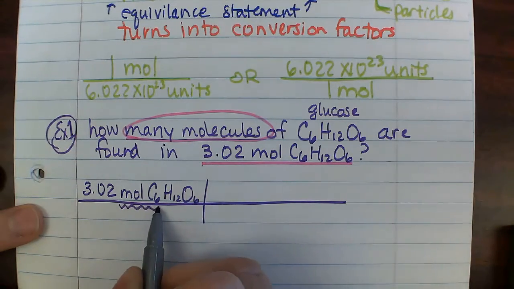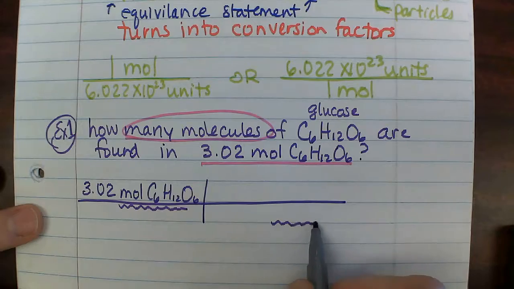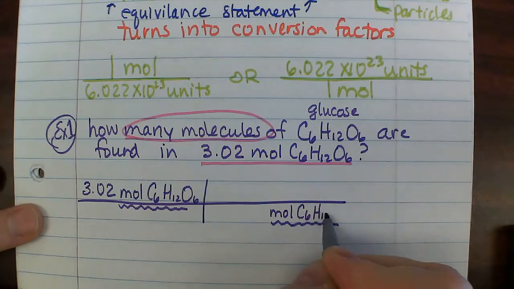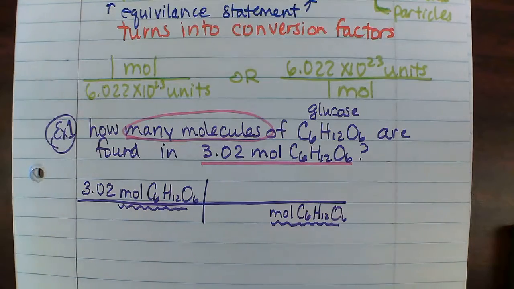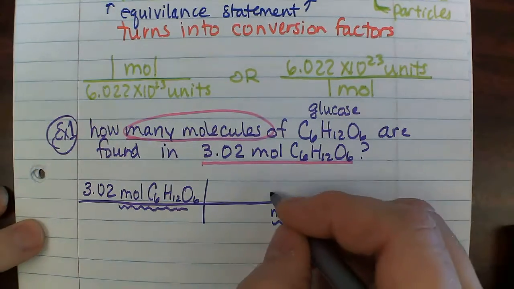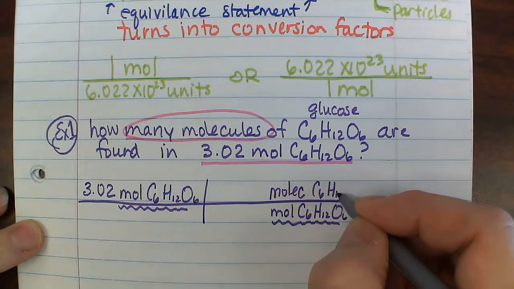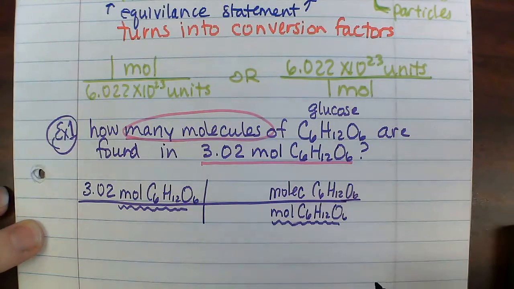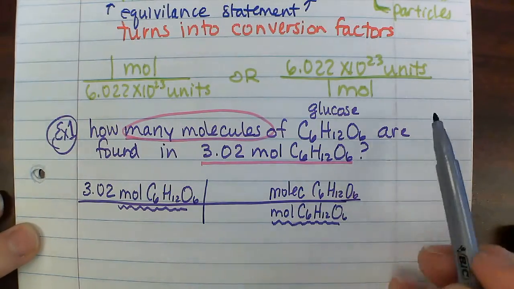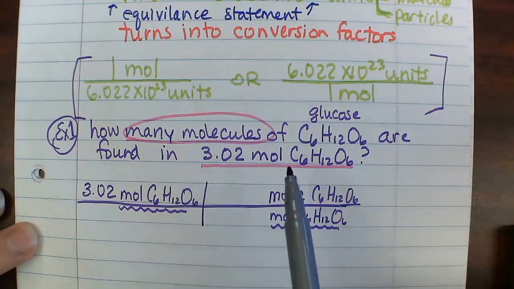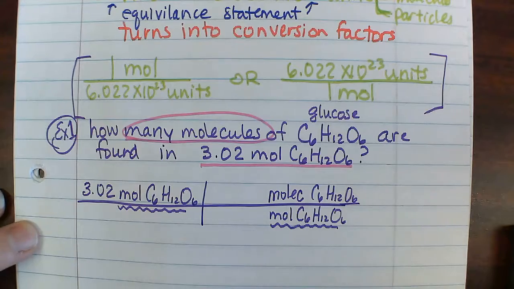Take this label, drop it on the bottom. Moles C6H12O6. Molecules C6H12O6 can go on the top because right here I've got my two possible conversion factors.